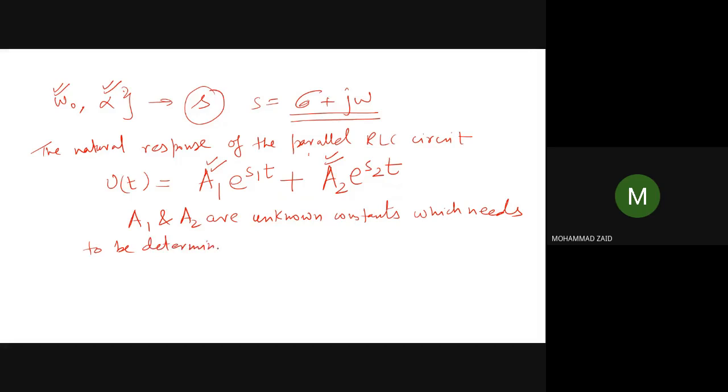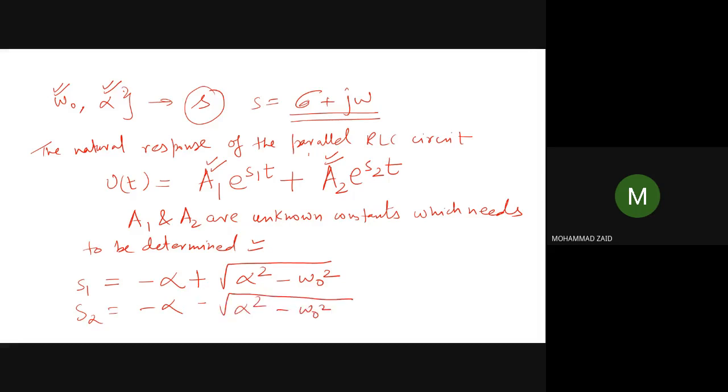Second thing, S1 is equal to minus alpha plus the square root of alpha square minus omega naught square, and S2 is equal to minus alpha minus the square root of alpha square minus omega naught square, where omega naught is equal to 1 over the square root of LC and alpha will be equal to 1 over 2RC.